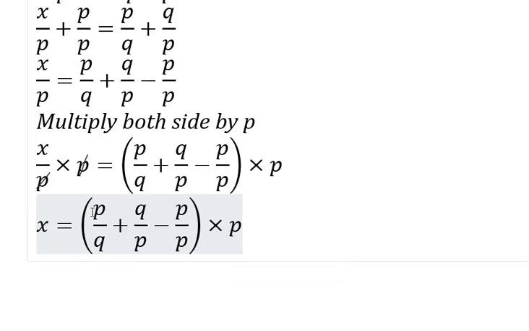So our x is already standing alone. If you leave your answer like this, p over q plus q over p minus p over p multiplied by p, you are correct, because our aim has been achieved. But if you feel like simplifying this further, you are still correct. If you leave your answer like this, you are correct.